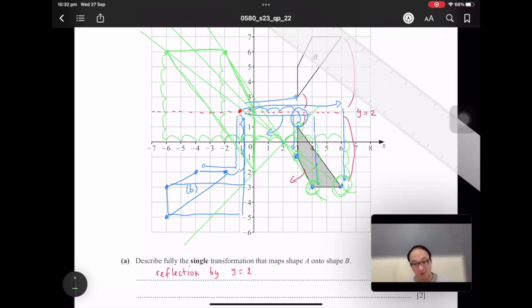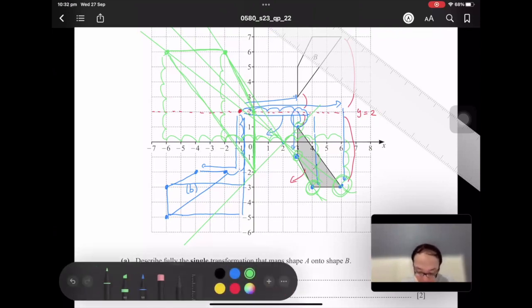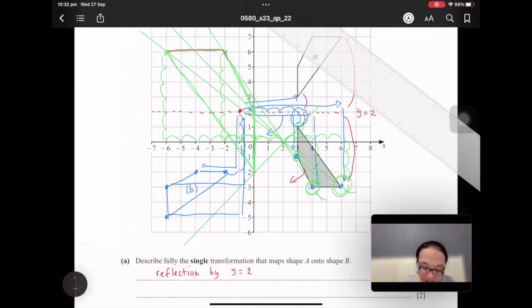So this one, yeah. Can you see it? I will make it red. So this is the answer for C.